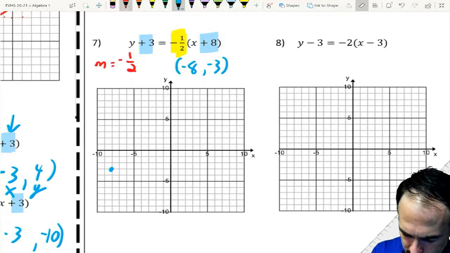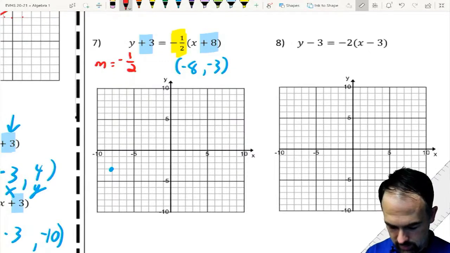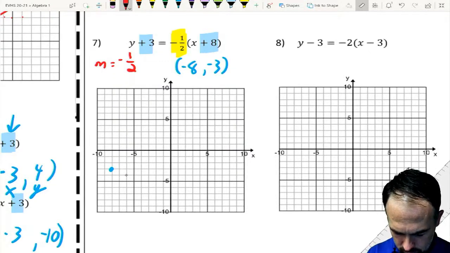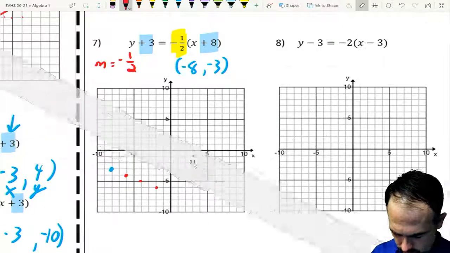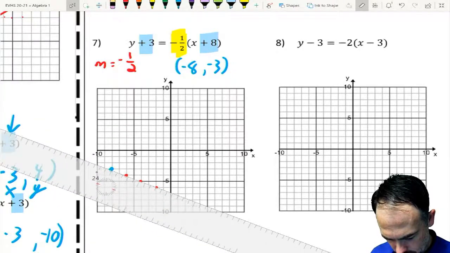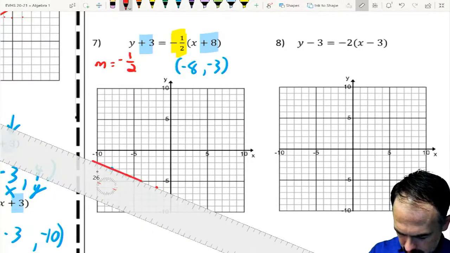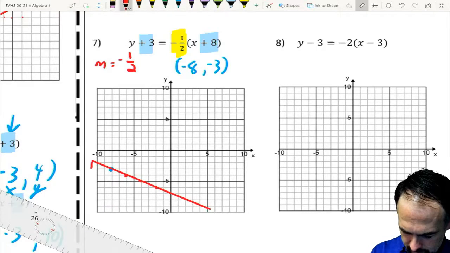And now my rise and run is going to be a negative slope, so I'm going to be going down across. So that's going to be down 1, right 2, down 1, right 2, down 1, right 2. Plot the line, and there it is.